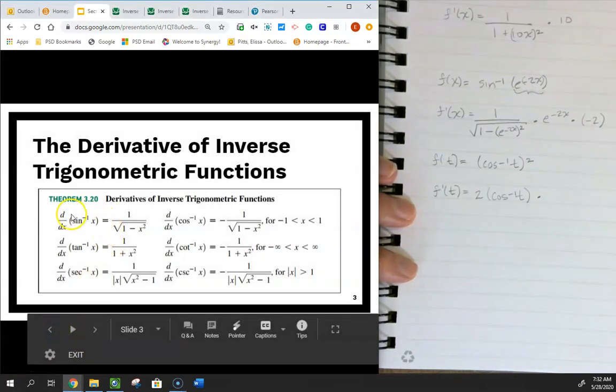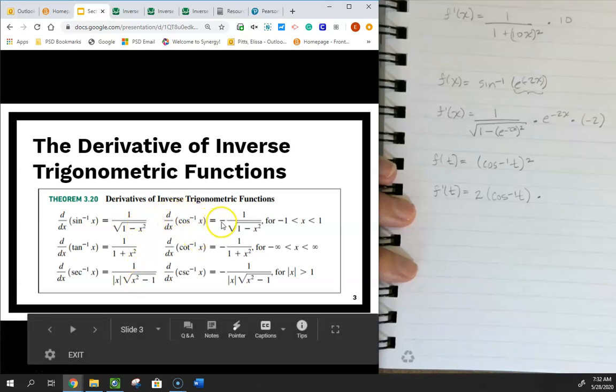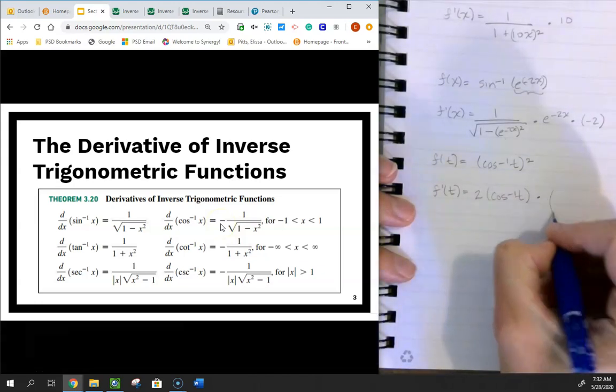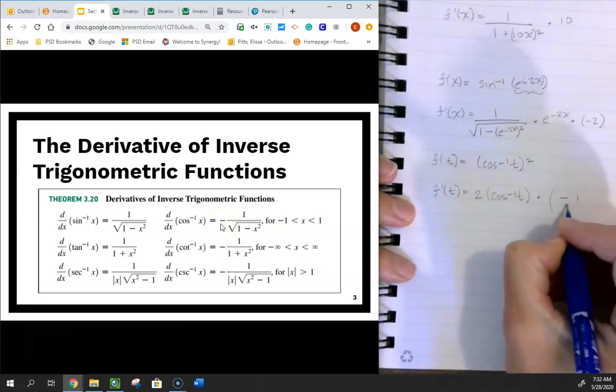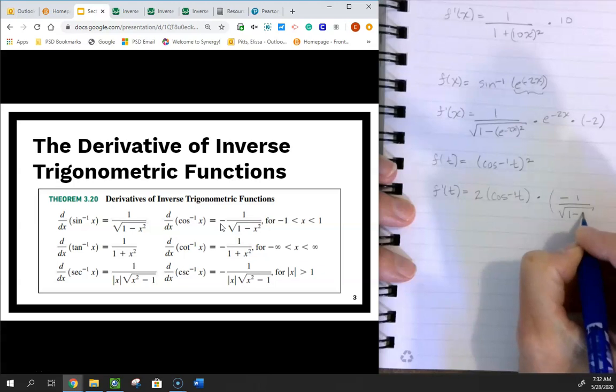If you look at the derivatives of the inverse functions, they are the same except they are opposite. So there's a negative in front. So I'm going to multiply times negative 1 over the square root of 1 minus t squared.